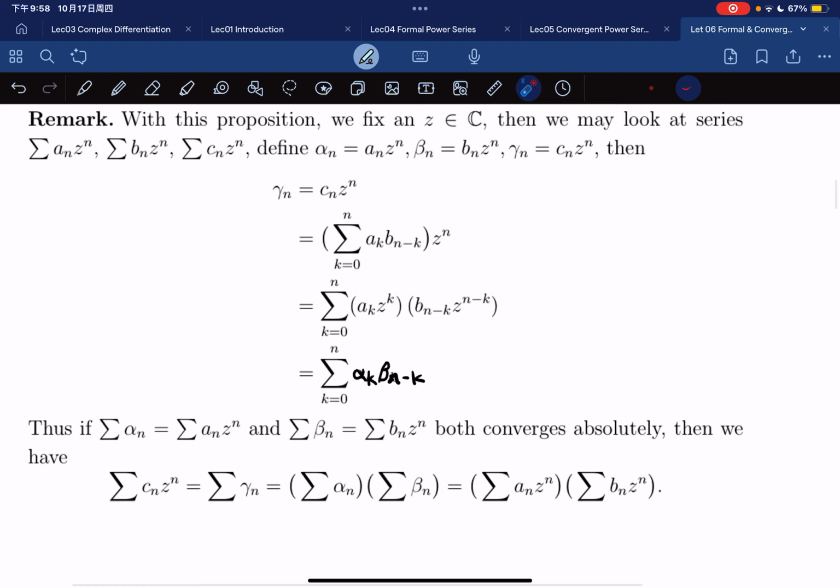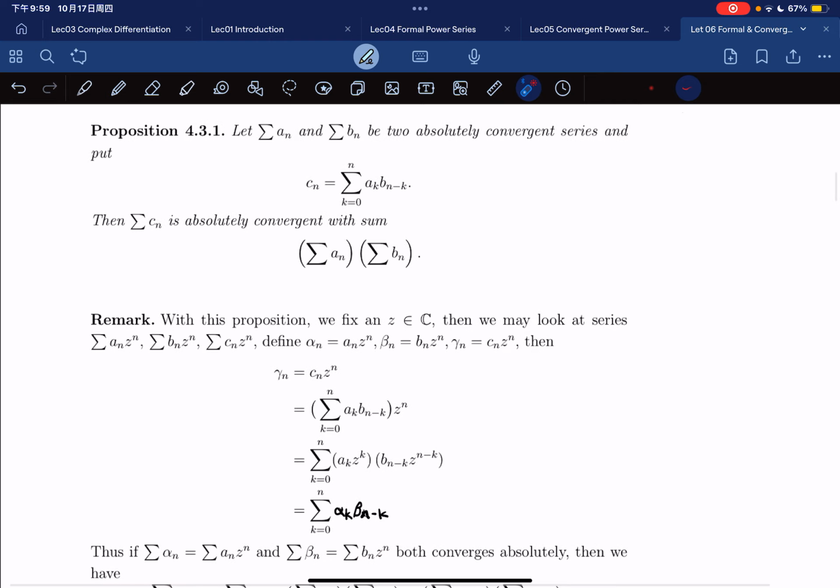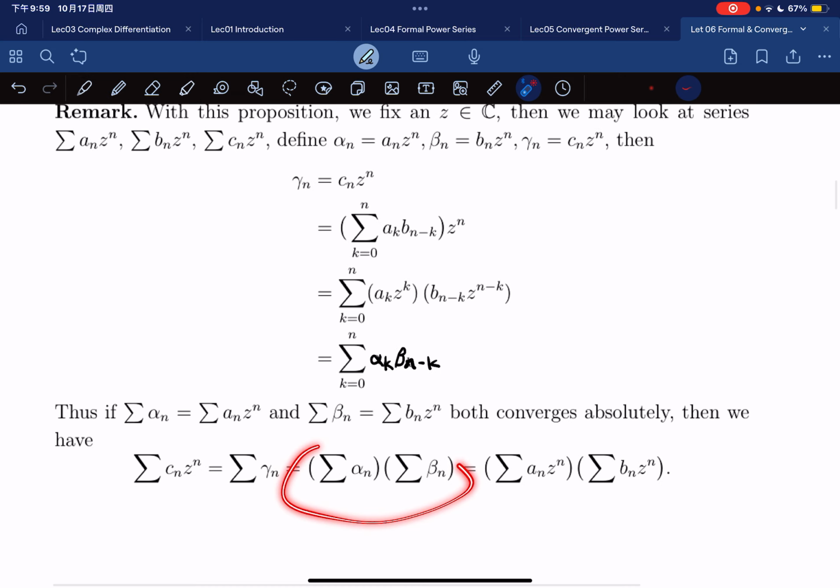With that being said, if the sum of alpha_n is this power series and the sum of beta_n is another power series, and both converge absolutely, then we have this power series, the sum of gamma_n, which is equal to this, exactly what we have here, because each gamma_n is equal to this. So this equality holds, and this power series equals this power series times this power series, if we have convergence.